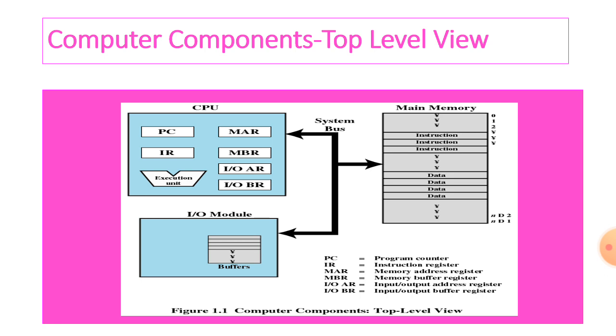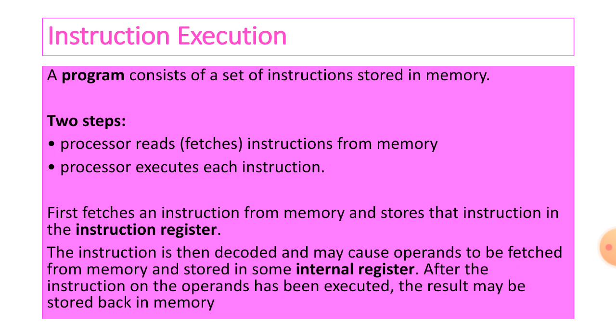This diagram represents the top level view of computer components: CPU central processing unit, PC program counter, IR instruction register, memory address register, memory buffer register, I/O address register and I/O buffer register.